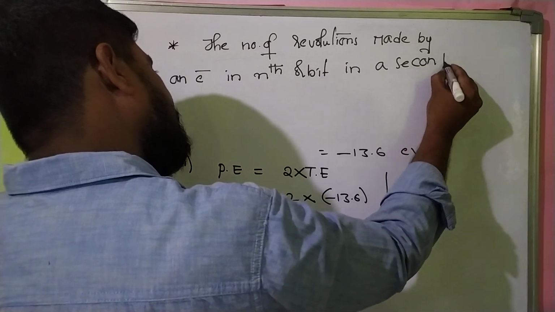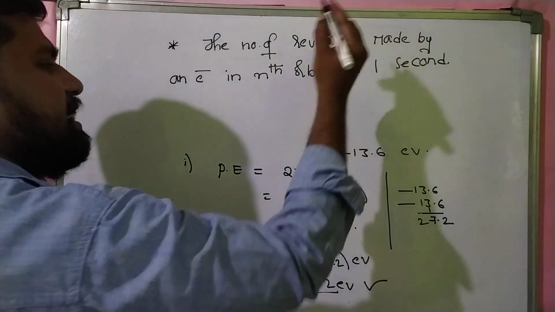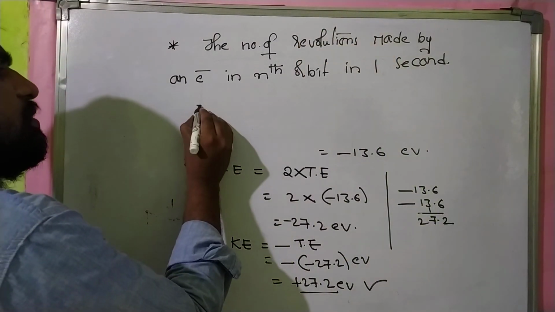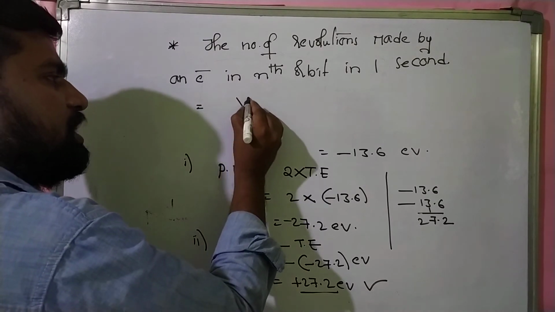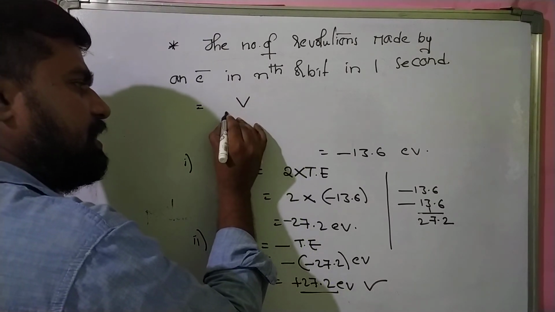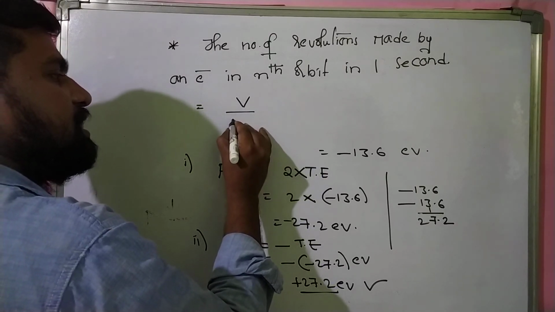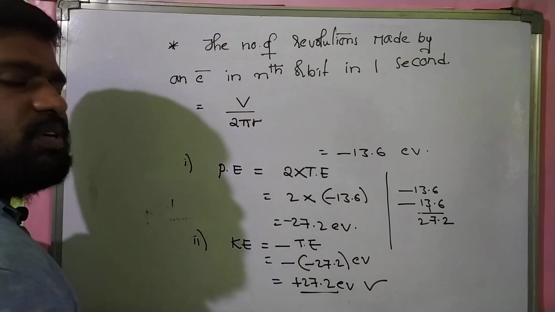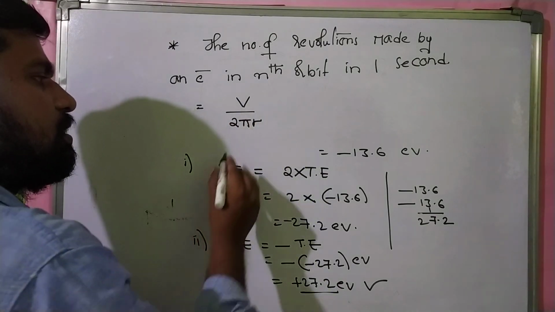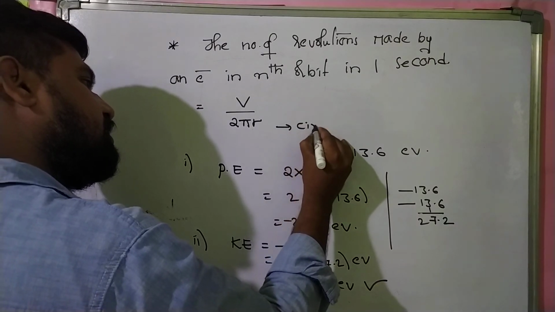In a second means in 1 second. In 1 second equal to, very important, velocity of the electron in that particular orbit by circumference. Circumference means 2 pi r. Here 2 pi r means circumference.